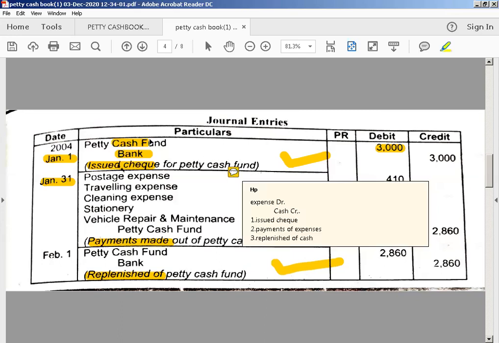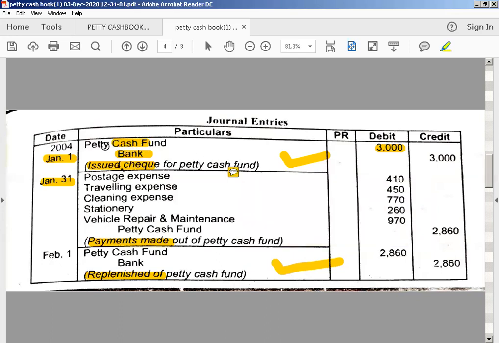ठीक है, हमारे पास पहली जनरल एंट्री जिसमें आपको पैसे मिलते हैं, रिसिप्ट जनरेट हुई है, so this will be your petty cash fund debit bank credit. Second entry जो 31st की बनेगी is the recording of all your expenses and then cash credit.